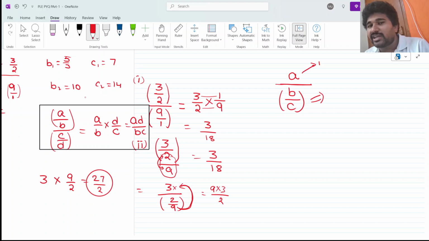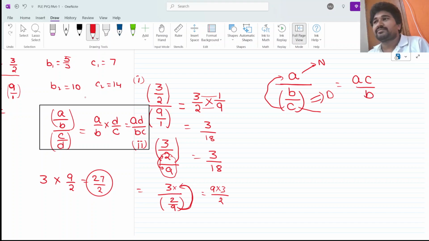A is called the numerator. The denominator's denominator will go to the numerator. So what will it become? A into C by B. Otherwise, your safe zone is always there: A into C by B.